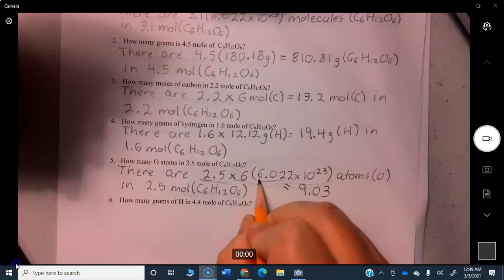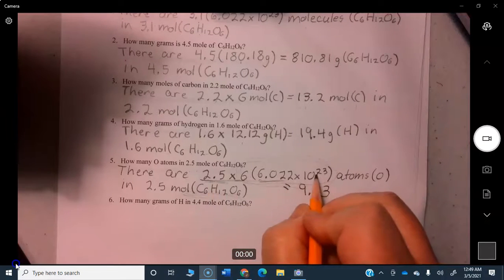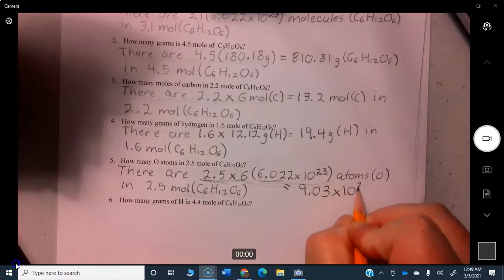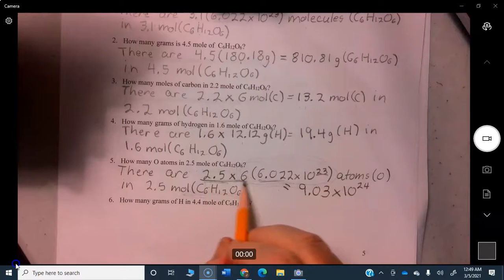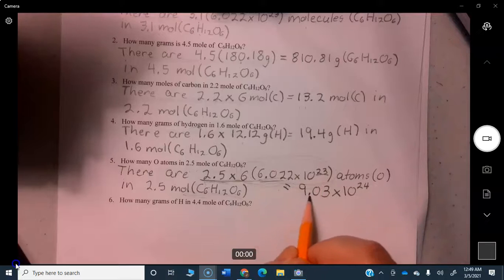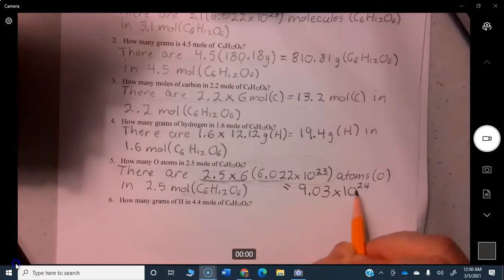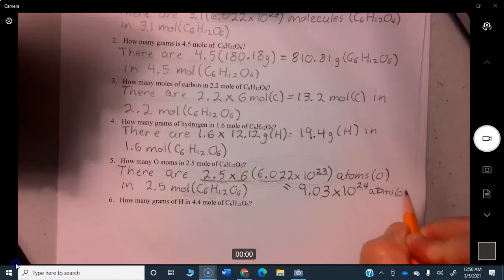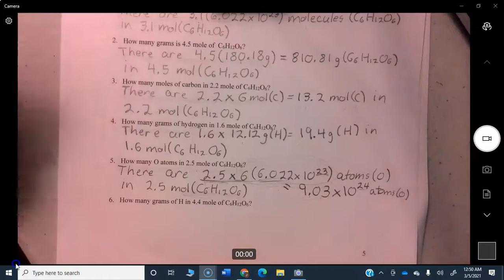So I made that coefficient smaller, so I have to make the exponent bigger. So times 10 to the 24. Again, those three multiplied would be 90.33 times 10 to the 23rd. I move the decimal over and make it 9.03. That means I made this smaller, so I have to make the exponent bigger, and that would be atoms of oxygen. So that's how many there would be.